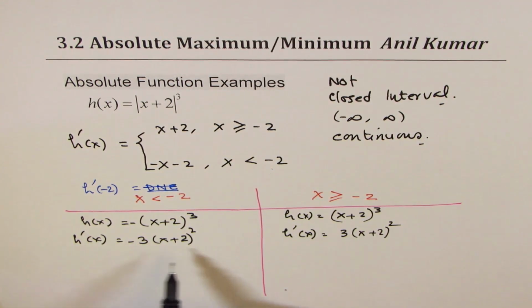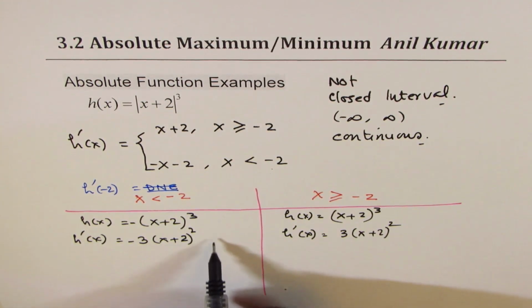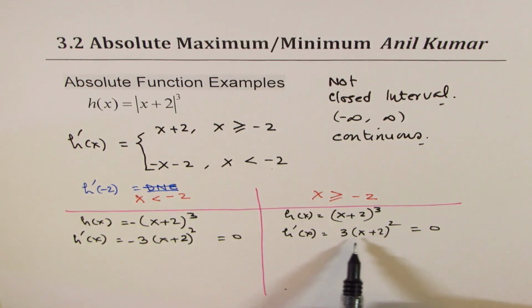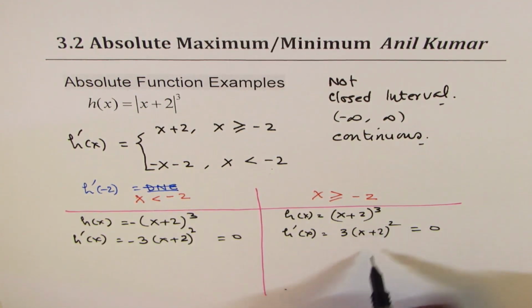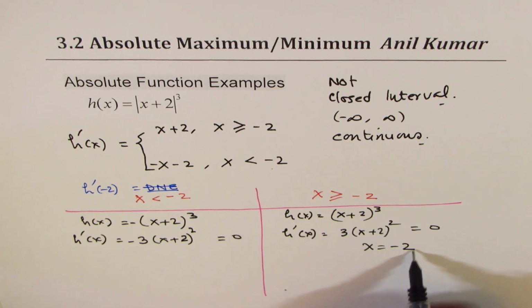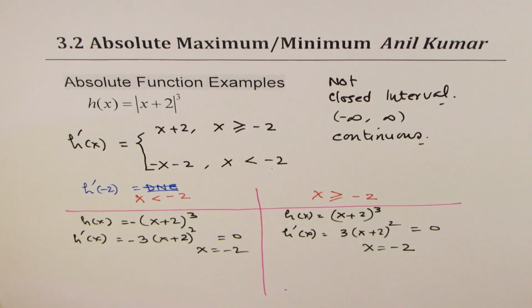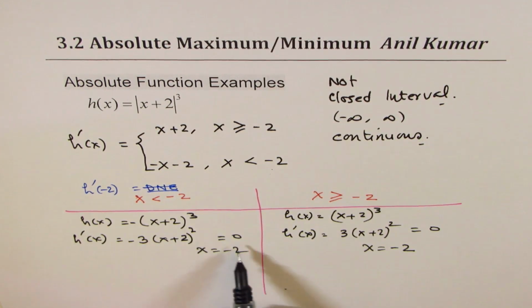Now, to find the critical points, we have to equate these to 0, correct? Equating to 0 means here x is equal to minus 2, and in this case also x is equal to minus 2. So that becomes our critical point, and at that point we know the derivative is 0, right?